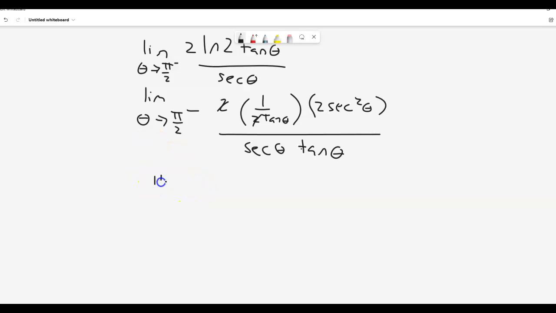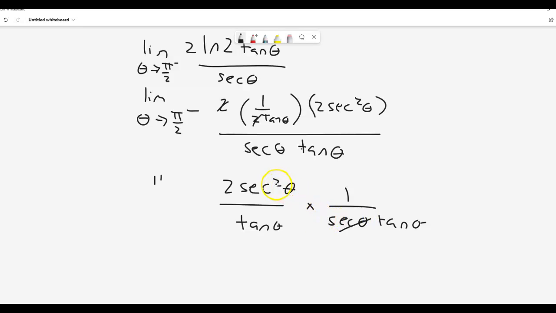So this is the limit of 2 secant squared of theta over tangent of theta, and I'm going to multiply this by the reciprocal of the denominator, so that's 1 over secant of theta tangent of theta.